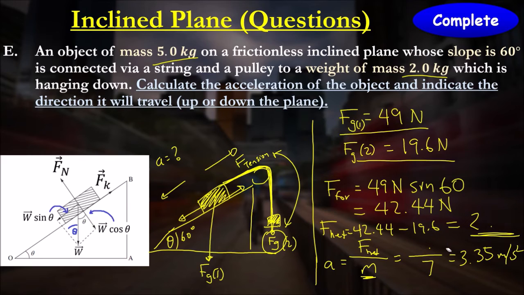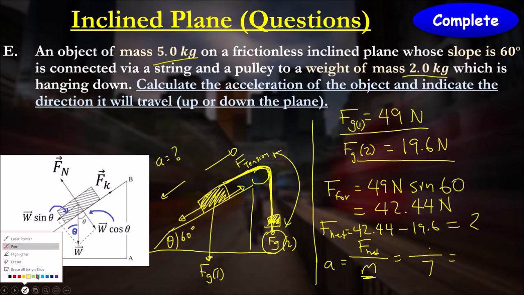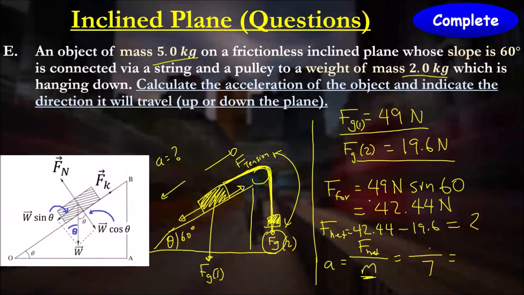The reason why it's not 23 was I accidentally typed in 19 rather than 19.6 into my calculator, and so it didn't quite line up with what I had. So the correct answer here should be 22.84.